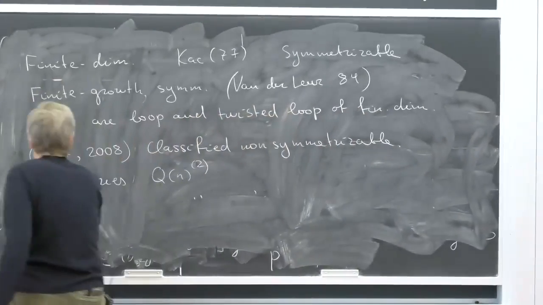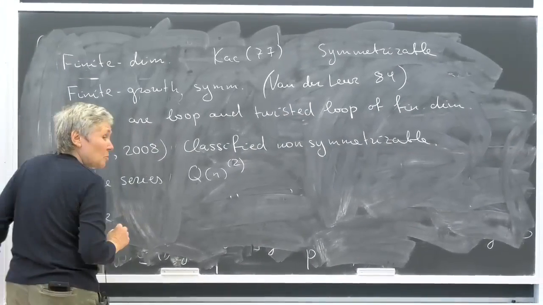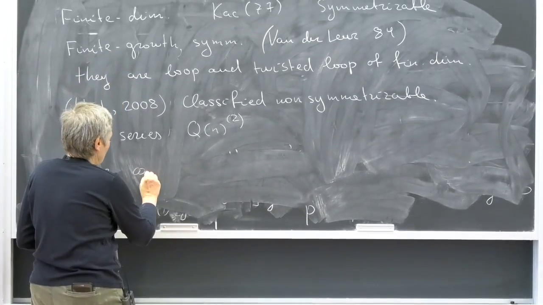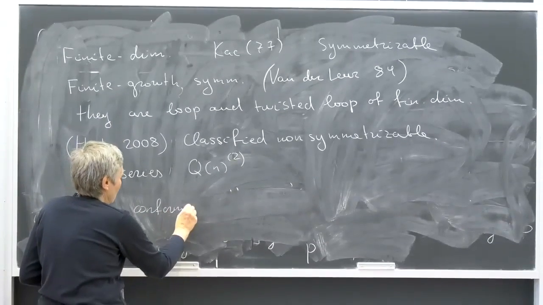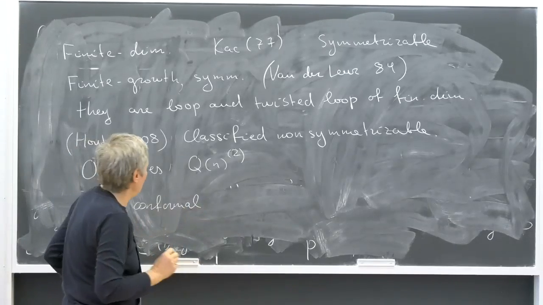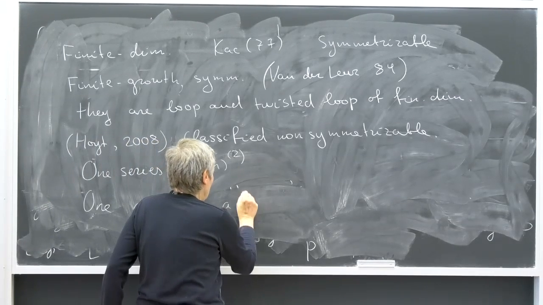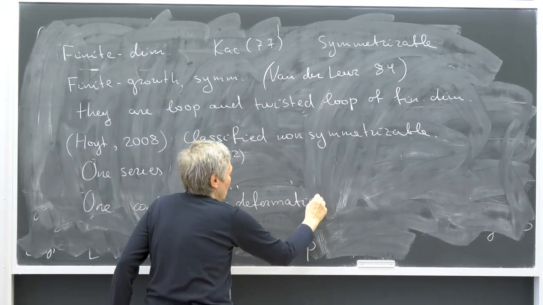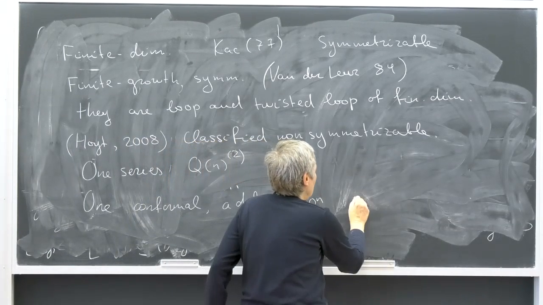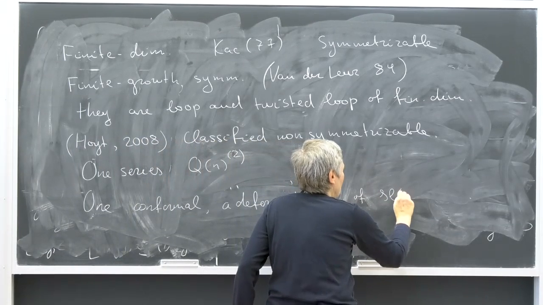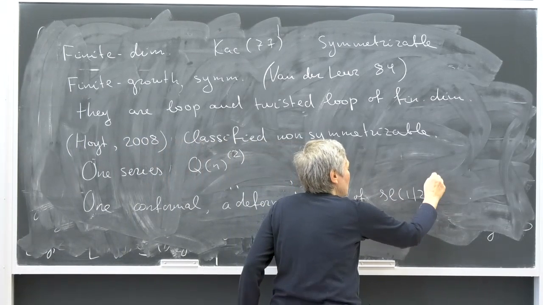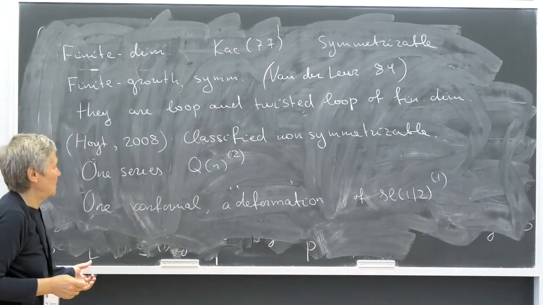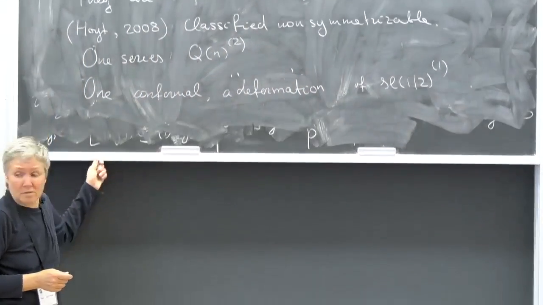And one, which is kind of important for physicists because it's actually conformal. And this is a deformation of the loop algebra of SL(1|2), which I explained to you here. Let me write down the Cartan matrix.